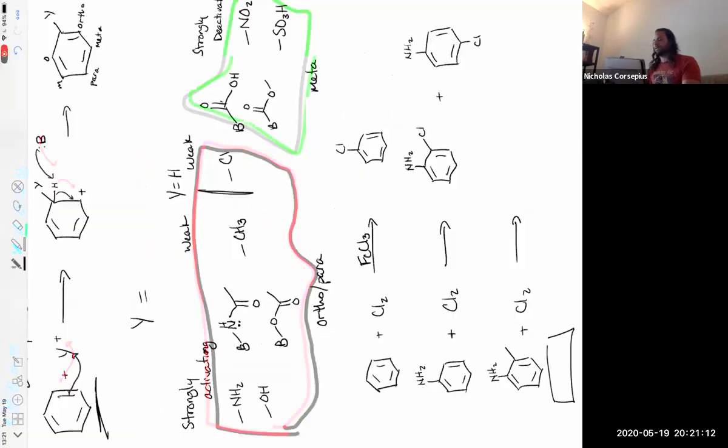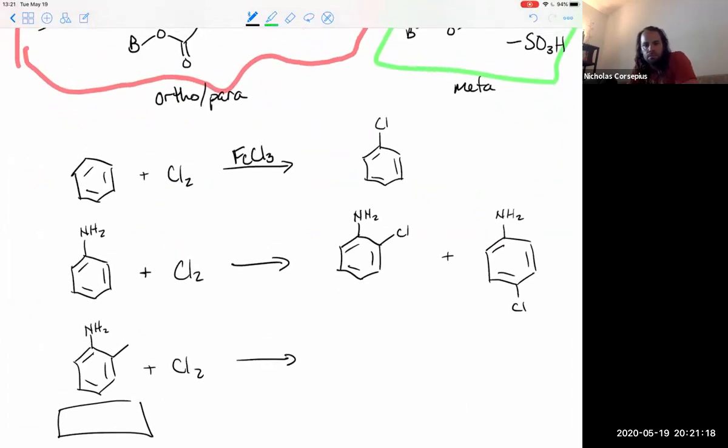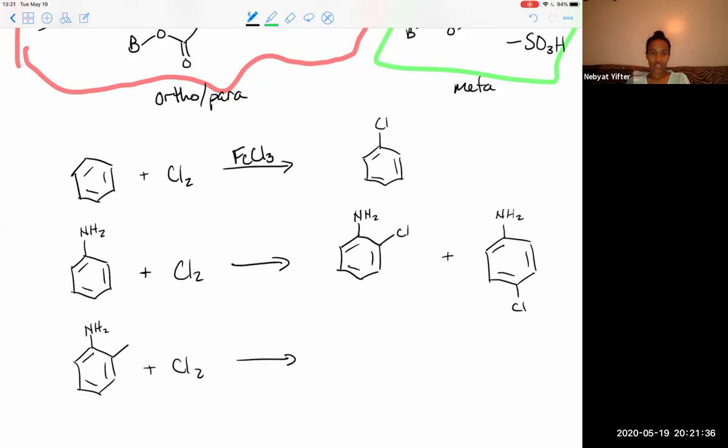What's the name of this? 2-methyl aniline. Yeah, nice. And I wanted to do this example because here we have a conflict between where our two substituents are trying to direct this incoming chlorine.